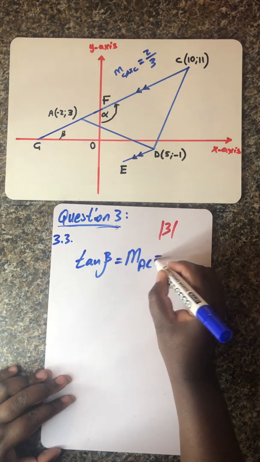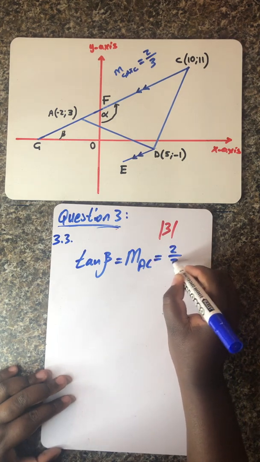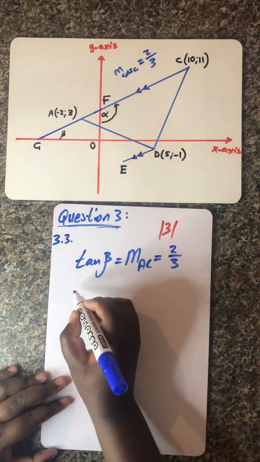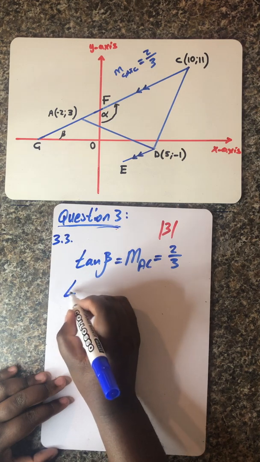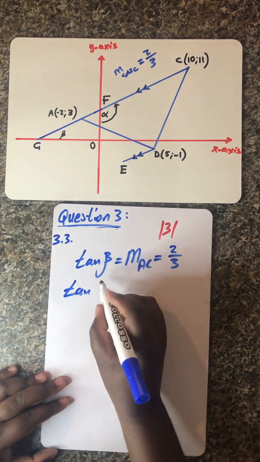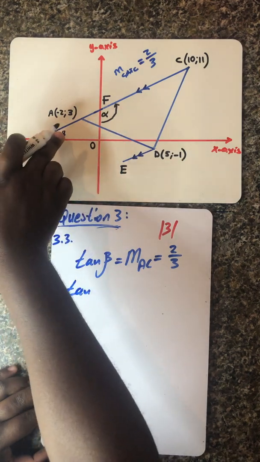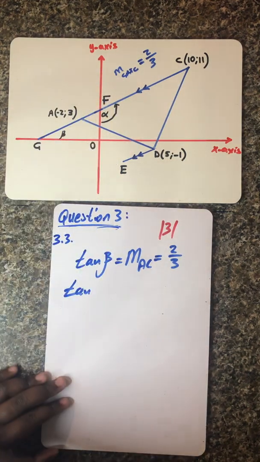We know m of AC is equal to 2/3. Again, if you want, you can just say tan of that angle, which is the same as angle beta there.